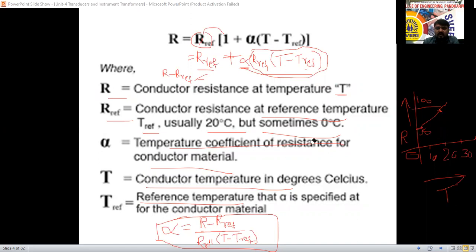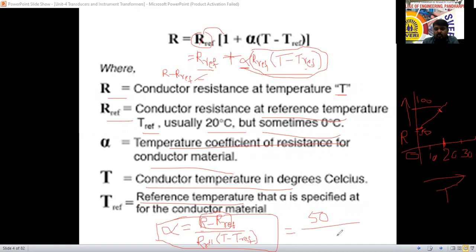So on that condition, you can put your value here. Initial, the now final value is 100. So what is the net change of the resistance? Final value is 100 minus initial value. How much is it? 50. 100 minus 50, how much is it? 50. Next here initial temperature is 0 and the final temperature is 20 here now. 20 minus 0?